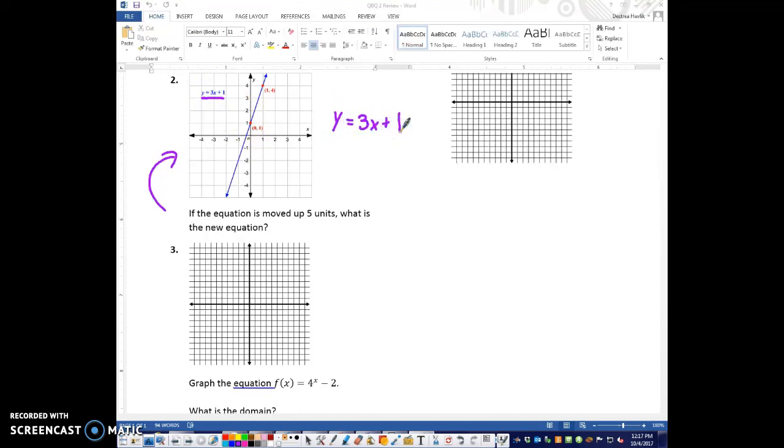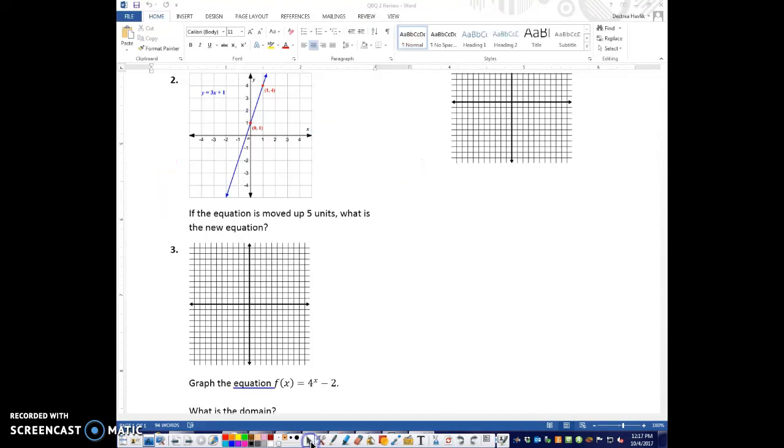Okay? If it's moved up 5 units, 1, 2, 3, 4, 5, where's that going to be at? The slope is still the same, but we started at 1, add 5, and we're now at 6. So the new equation is y equals 3x plus 6.